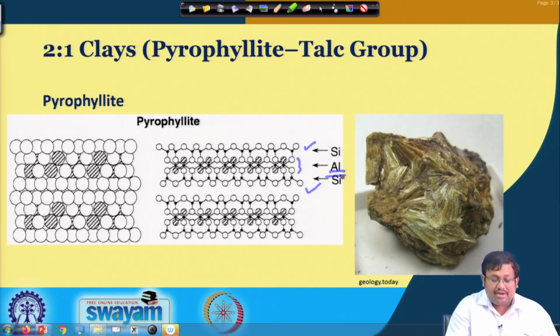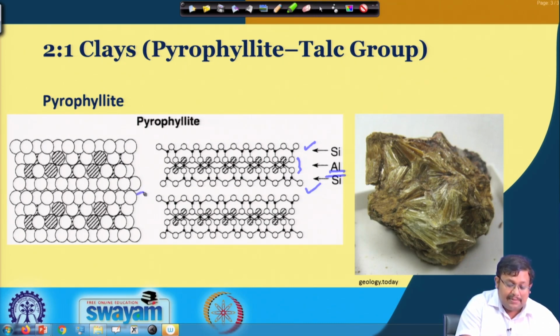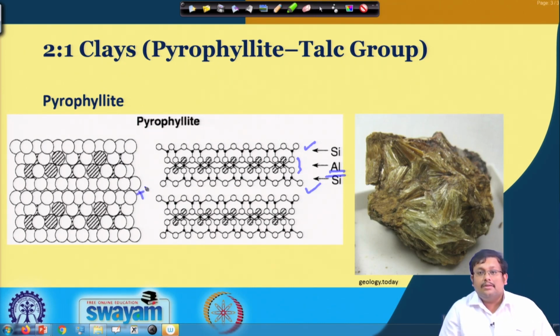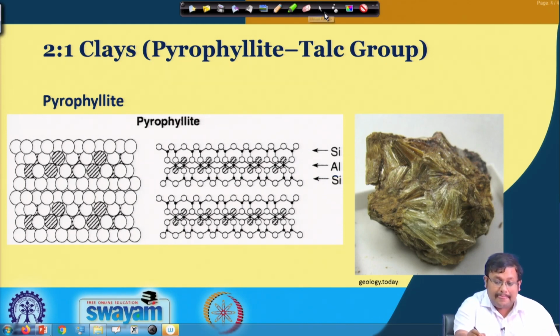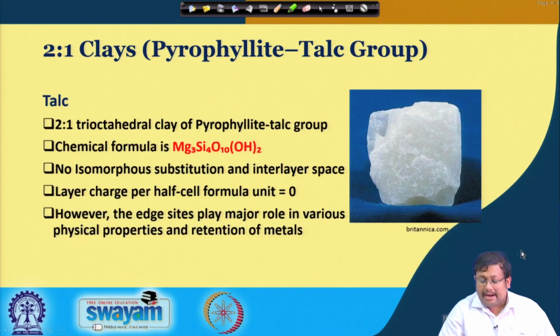So, this is the structure of pyrophyllite, and as you can see, between the 2 layers the interlayer space is almost 0. This is the actual pyrophyllite mineral. Let us move ahead and see another important mineral in this group. Another important mineral in this group is talc, which is also a 2:1 trioctahedral clay.